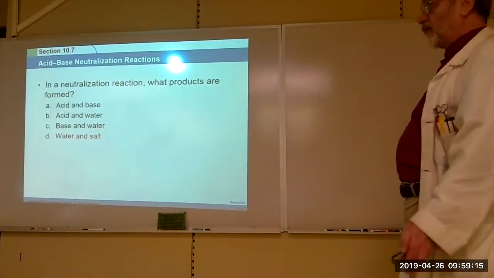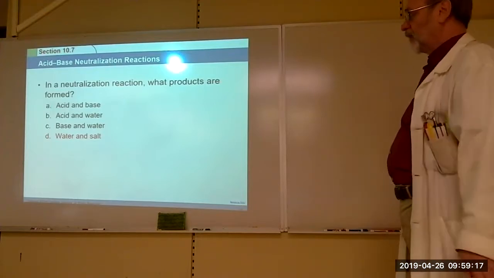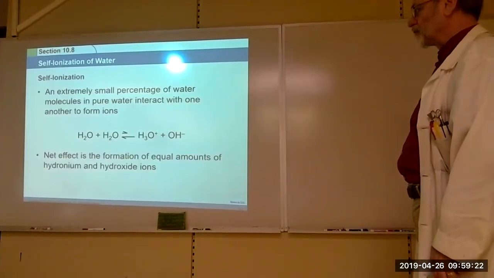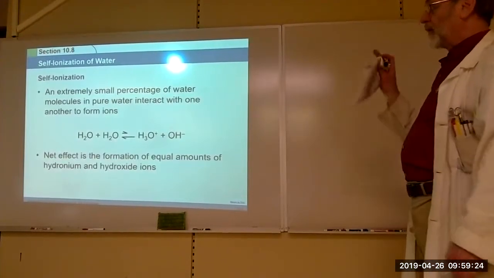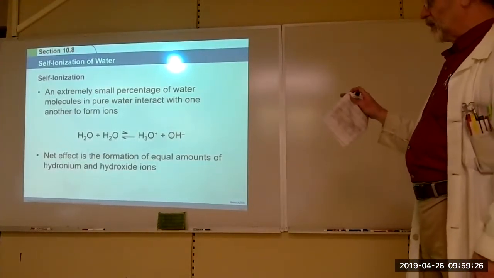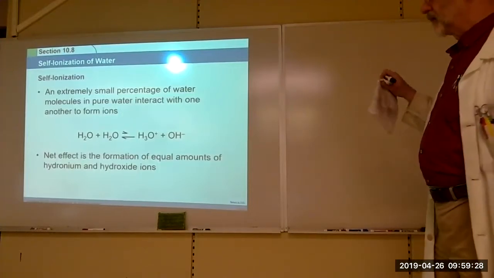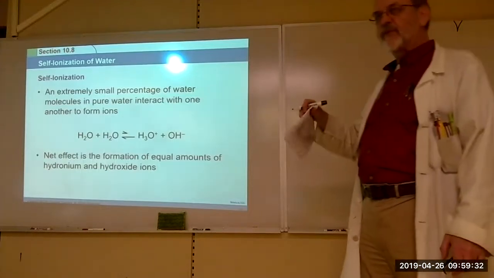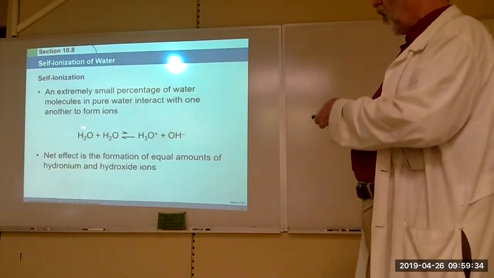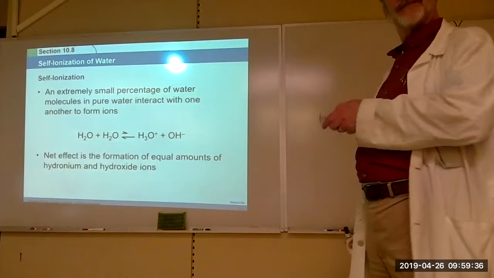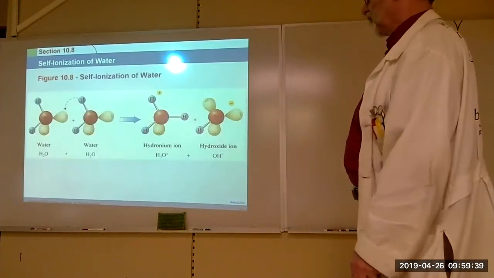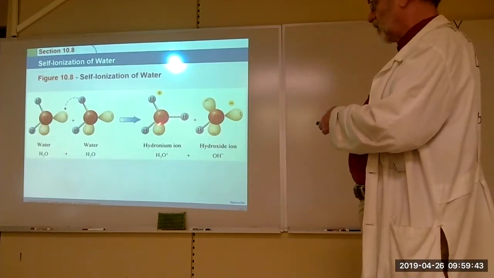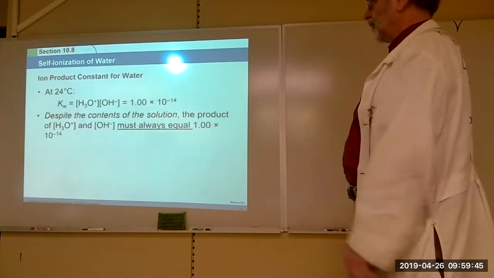So we always form water and a salt when we react acid with a base. Okay, so this is the slide that I was referring to earlier when I was showing you the equilibrium expression for water reacting with itself. One of them transfers a proton to the other one, and you get a hydronium and the hydroxide.